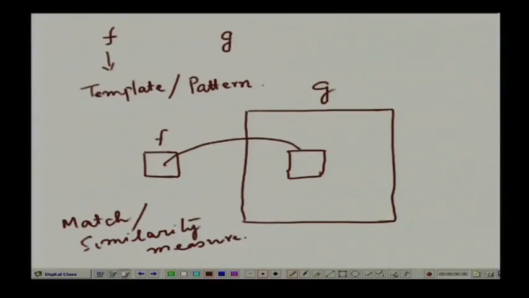There are various such match or mismatch measures, and let us see what the different measures are that can be used.